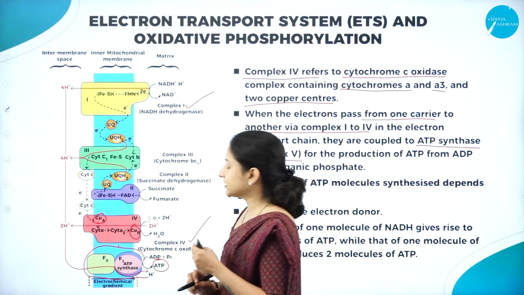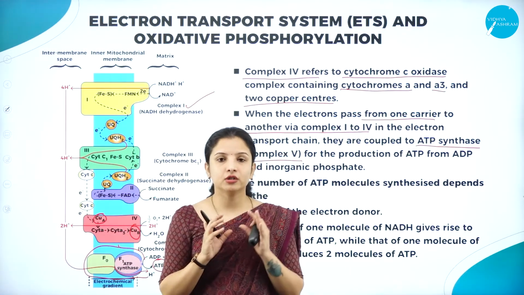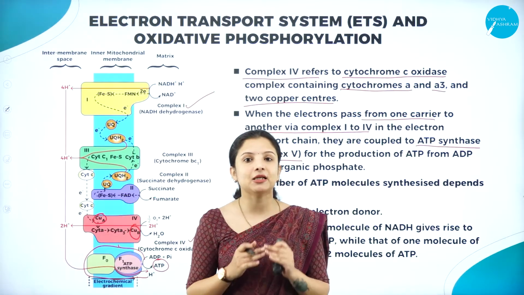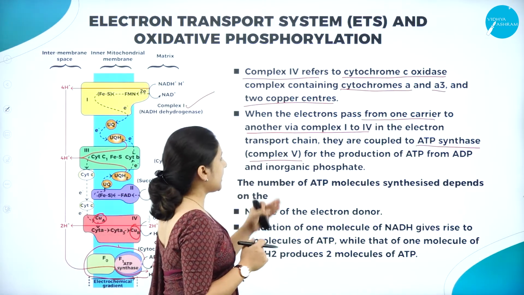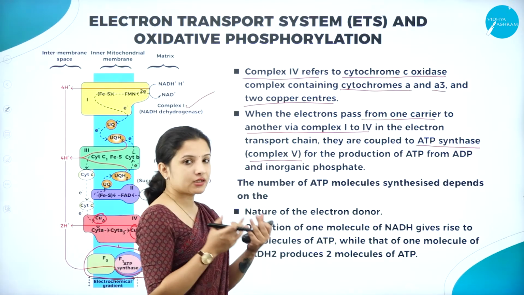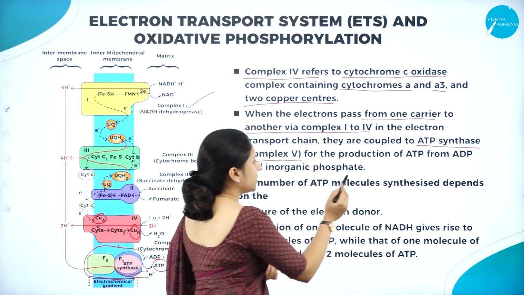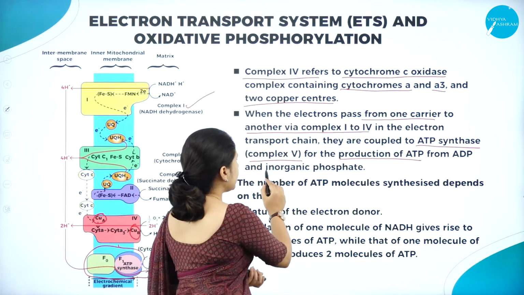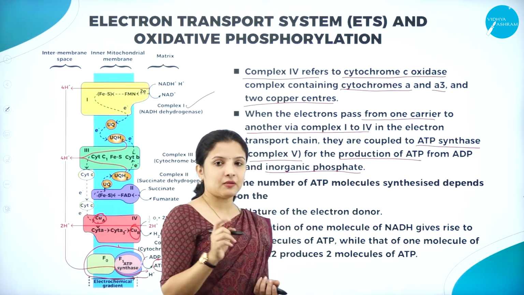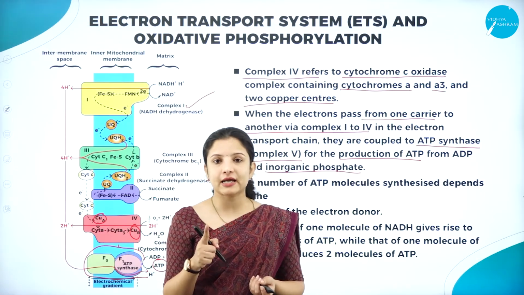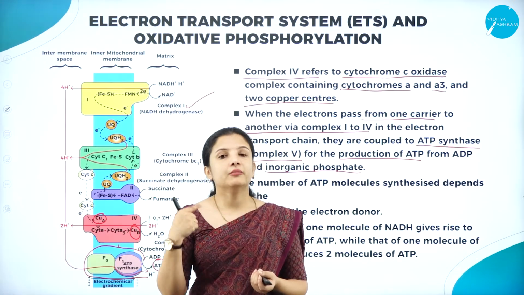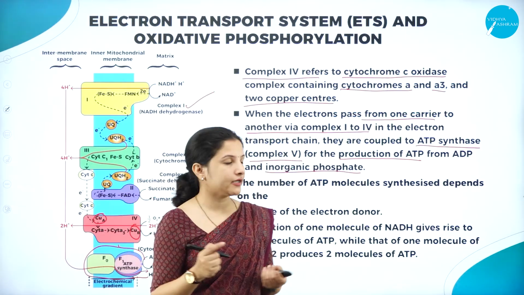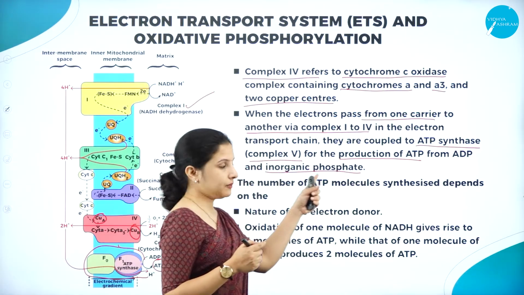In this complex 5, the electrons will be accepted by an enzyme called ATP synthase. That ATP synthase enzyme will help in the production of ATP from ADP and inorganic phosphate. To ADP, one more phosphate group gets added. A diphosphate will become a triphosphate, right? So it will get converted into an ATP.